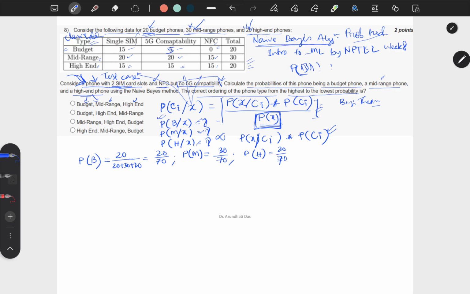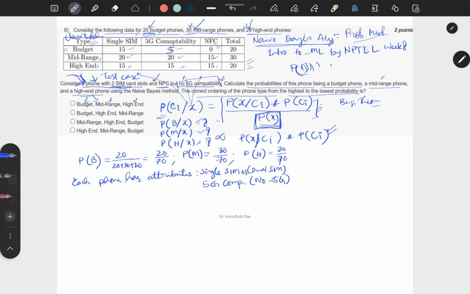So, here what we understood is that each phone has attributes. What are the attributes? Single SIM, whether they are having single SIM or dual SIM. If I find single SIM, I can find dual SIM or not. Then whether the phones are having 5G compatibility or no 5G compatibility.